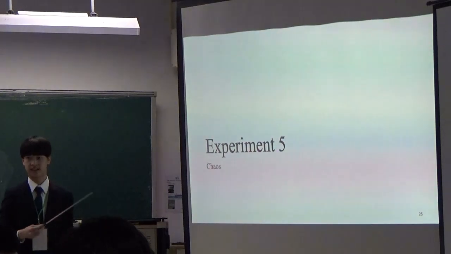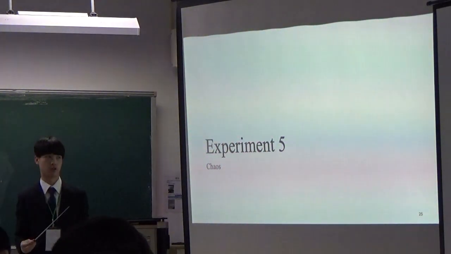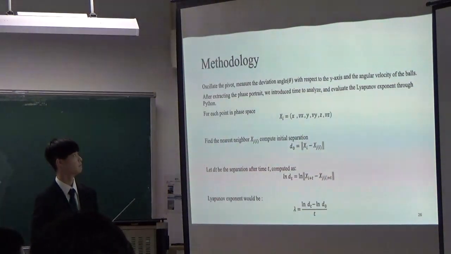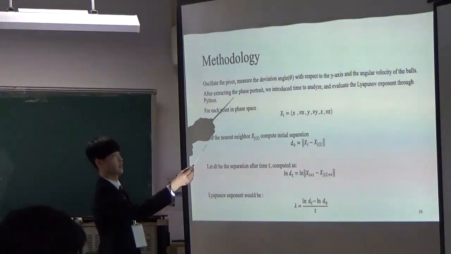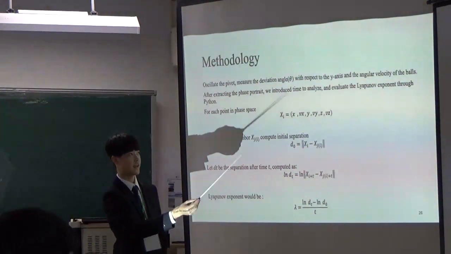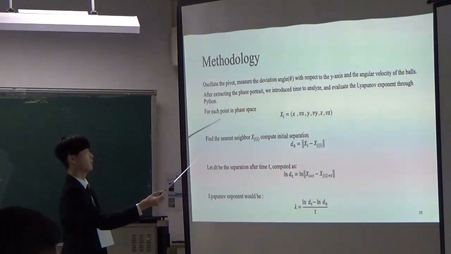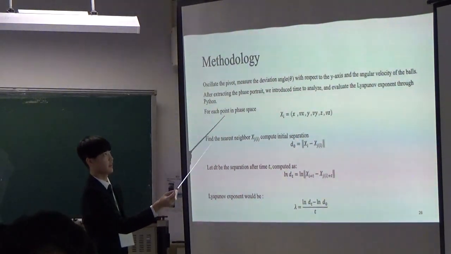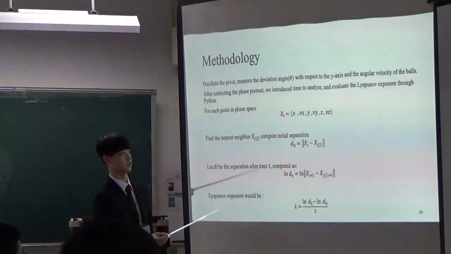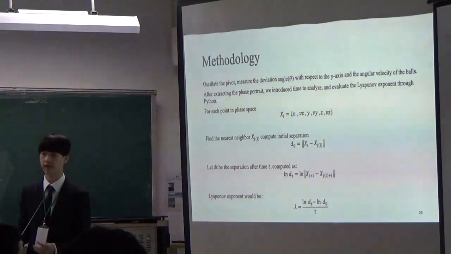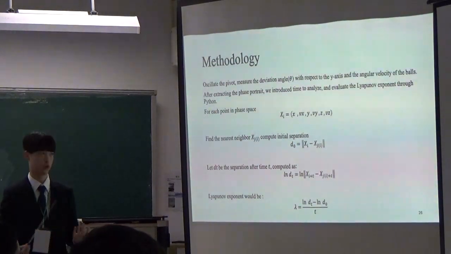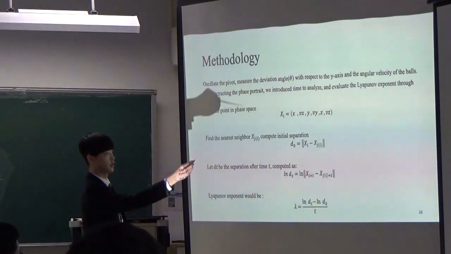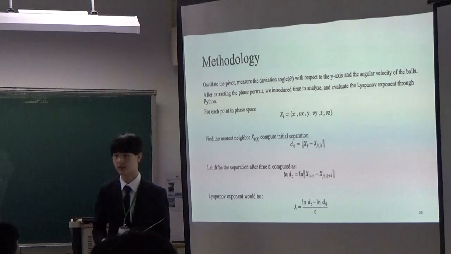And in the last experiment, I would like to talk about chaos. The methodology is to oscillate the pivot, and measure the deviation angle with respect to the y-axis and the angular velocity of the balls. After extracting the phase portrait, we introduce time to the analysis and evaluate the Lyapunov exponent, which plays a critical role in describing chaotic motion. Here is the definition of the Lyapunov exponent.